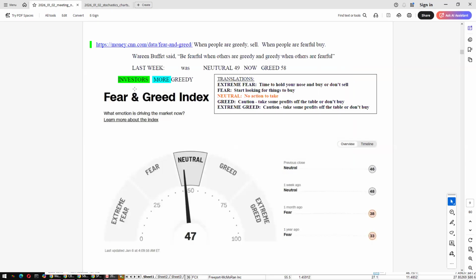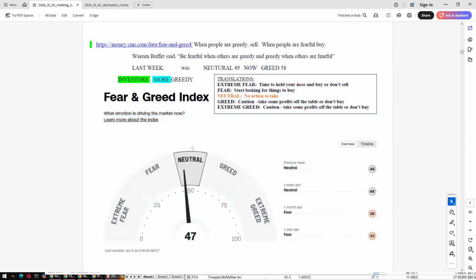Let's look at the fear and greed index. Warren Buffett once said, be fearful when others are greedy, and greedy when others are fearful. So right now, the market in general is neutral.